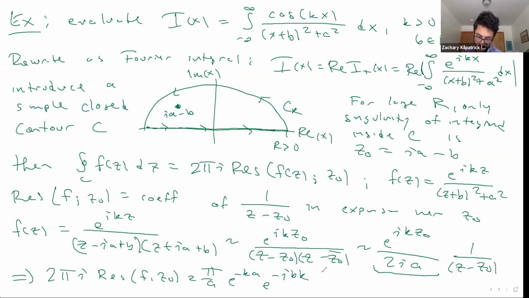All right. Now, the next step in this process will be to check what the other parts of the contour integral are, and prove that this part vanishes.